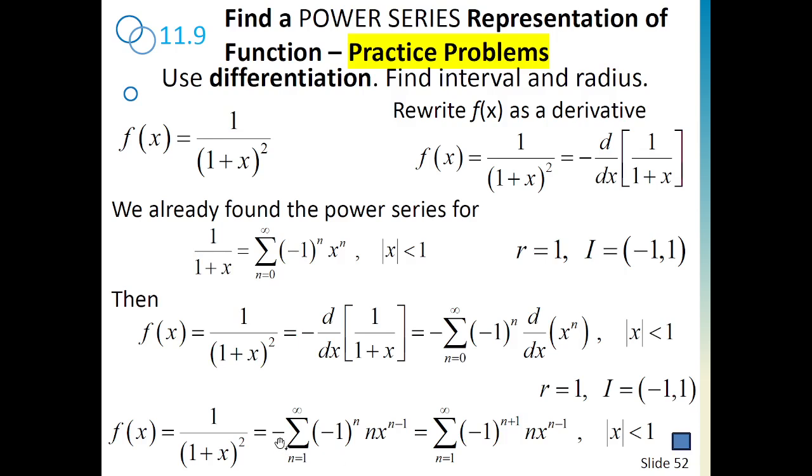So I have minus 1 times my series that I got with differentiation. Now this is minus 1 times every term, so basically the signs flip. So I have minus 1 times minus 1 to the power n, so it's minus 1 to the power n plus 1. That's why I rewrote it, just to have a more compact expression.